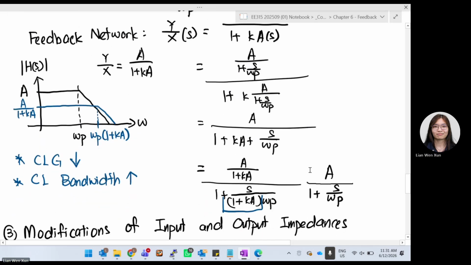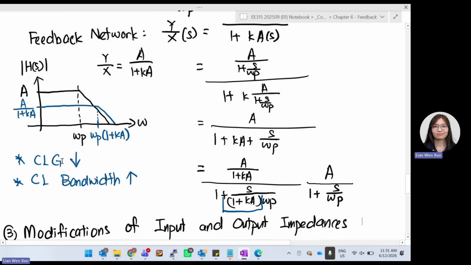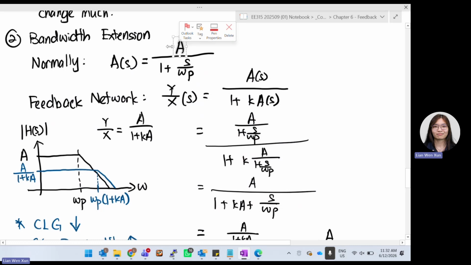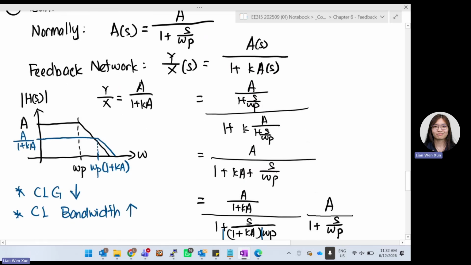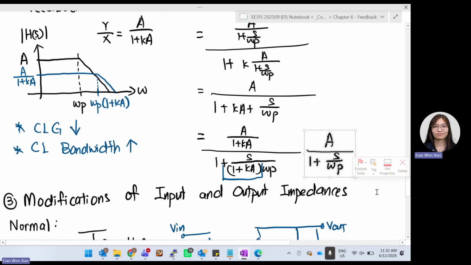What you can see over here is that initially my gain was supposed to be A, the very big A. The black one is my open loop gain, since I only have one open loop amplifier block. But after I derive everything considering frequency response, this becomes my final gain.